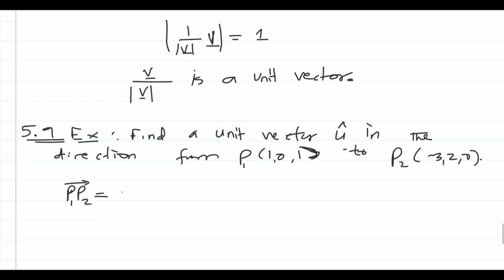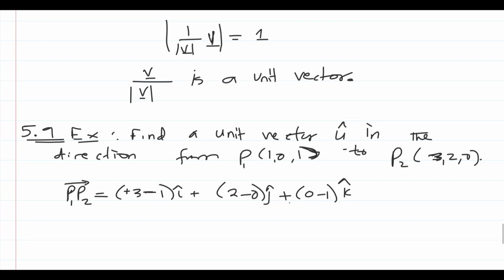In terms of components, we subtract the components. This is positive 3. So 3 minus 1 multiplied by the i, then we have 2 minus 0 multiplied by the jth component, plus 0 minus 1 multiplied by the kth component.